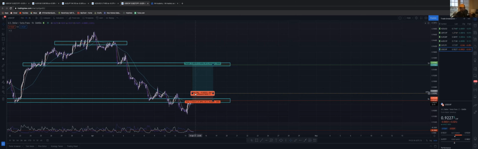I put my entry here because I wanted to make sure that it fully leaves the demand zone, heading up to the supply zone up here. This is the best entry for that, because once it gets up here, it's not coming back down again. As you can see here, we have some confusion, some touches here, another touch there. Once it gets back up there again, it's going to go up for sure.